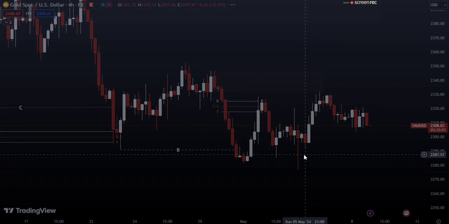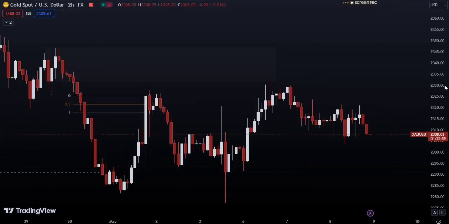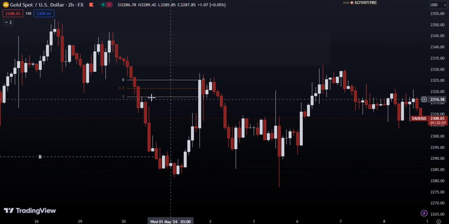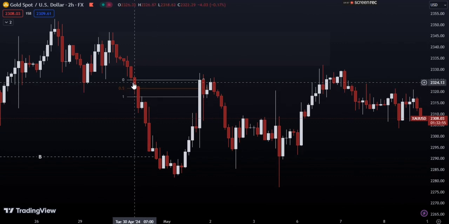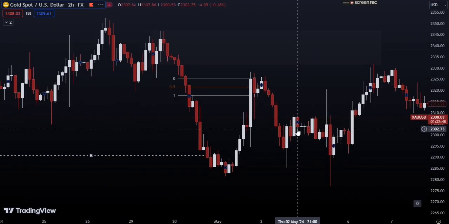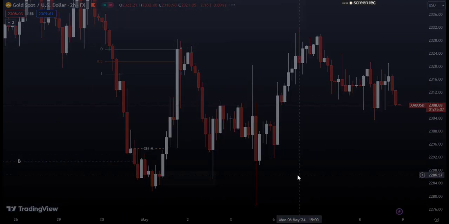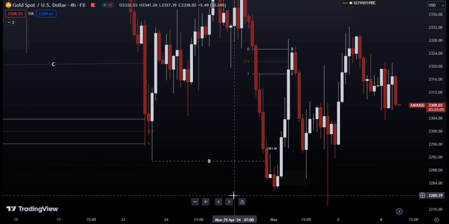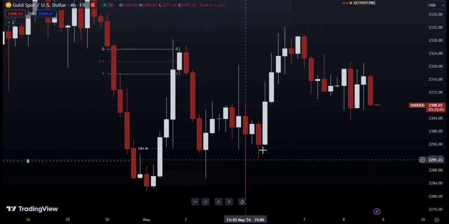Let's go to a 2-hour chart, and that was the last low pre-break, having it here and having it there, which is a little bit good. And then I think I was quick to go to the 2-hour chart.